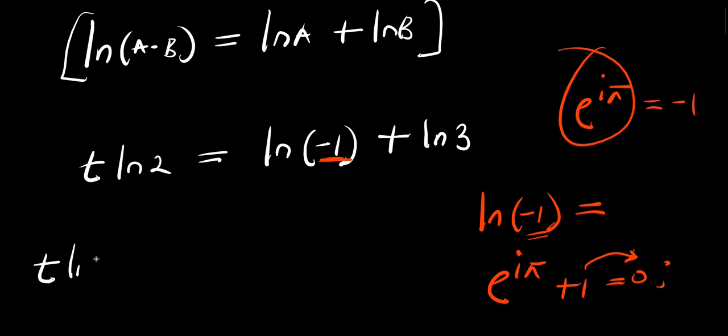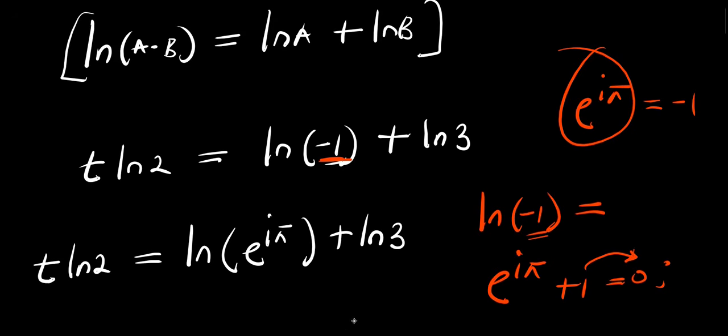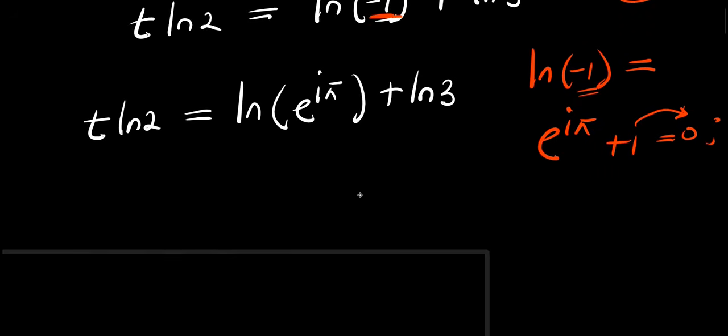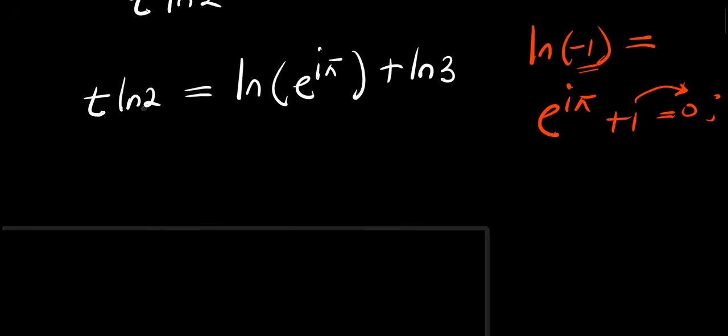I have t times natural log of 2 equals natural log of, instead of writing negative 1, e power i times pi, plus natural log of 3. So we go back to the same identity. Natural log of a power p equals p times natural log of a.